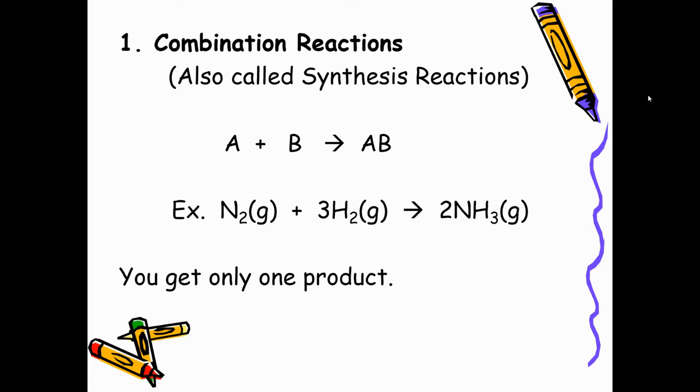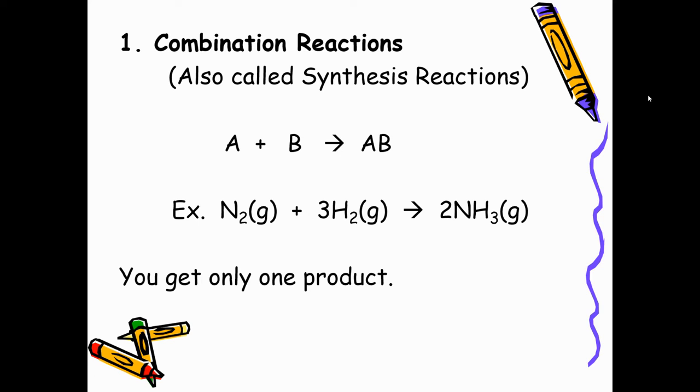So that would be an example of a combination. But again, what you see on the left-hand side doesn't just automatically come together and then you're done. It's going to still combine in a way that all your ionic rules and covalent rules come into play. That's why you balance. But if you look at an equation that has multiple reactants on the left-hand side going into one single product, that is going to be combination or synthesis.